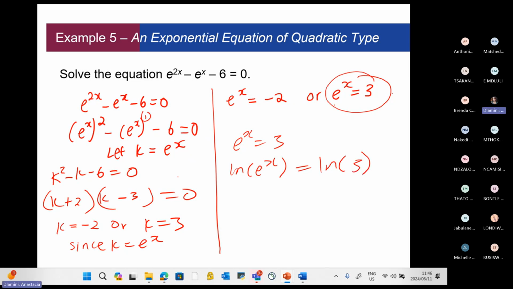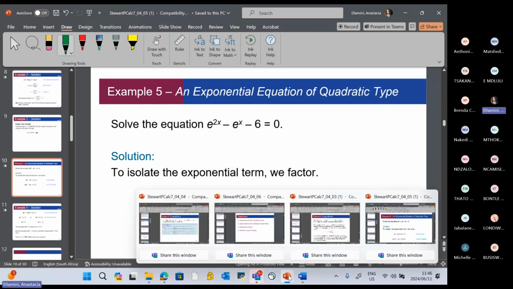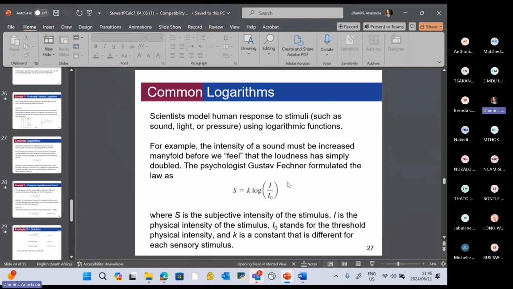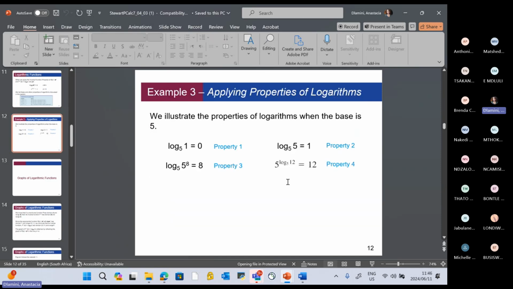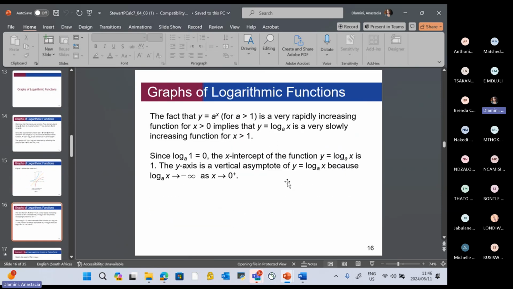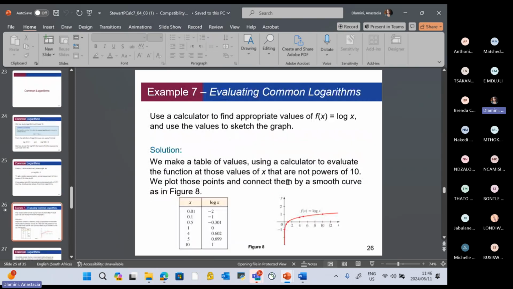Now, just to go back to our properties, I think it was 4.3. I opened all the slides because I need to remember which one this is. Let's go to the natural log properties.